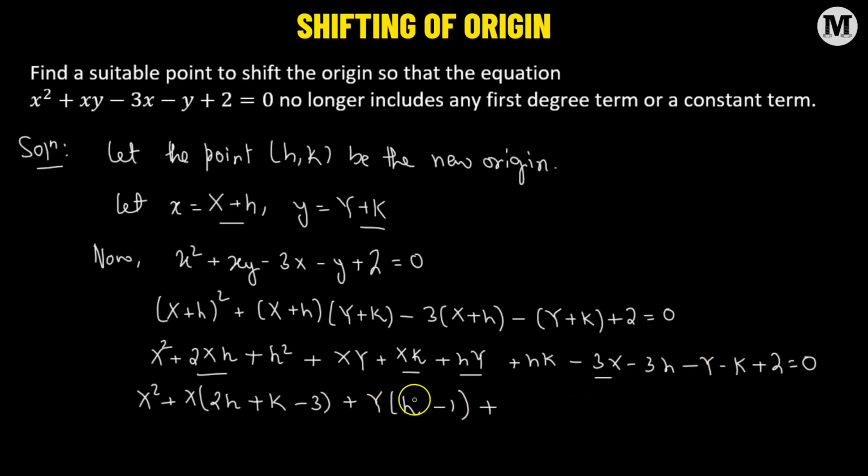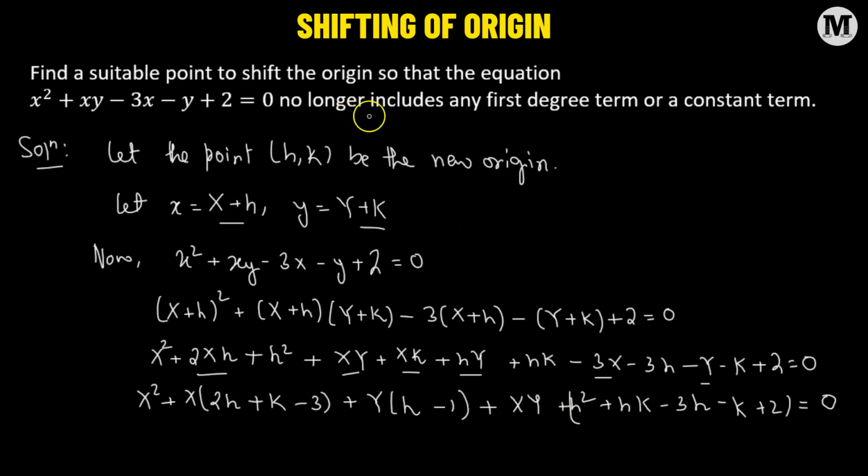Then we have the term xy, and then all the constant terms: h squared plus hk minus 3h minus k plus 2. This is going to be the constant term, and the whole expression equals 0.